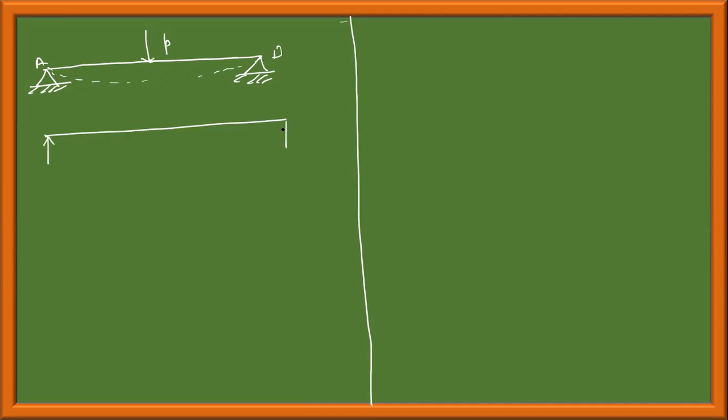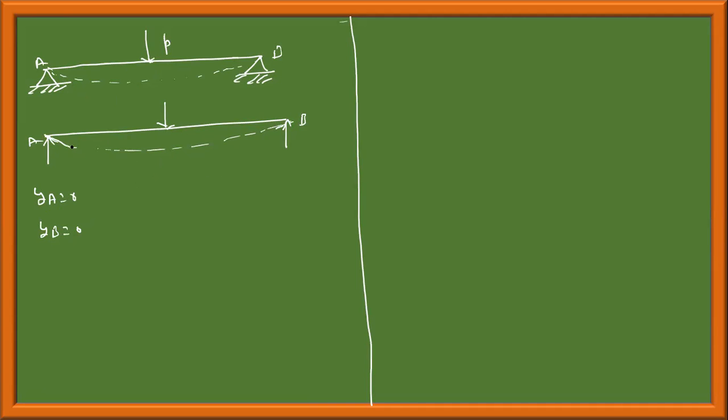When I take a pin support like this, this is A, this is B, and it is subjected to loading like this. This is a beam I am talking about, and it will deflect like this. It is as good as saying a support like this, a support like this, and a load like this. At points A and B, since it is fixed firmly, the deflection y of A is equal to 0 and y of B is equal to 0.